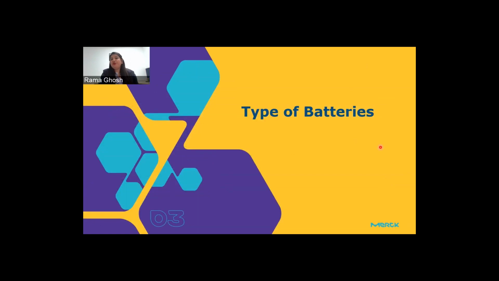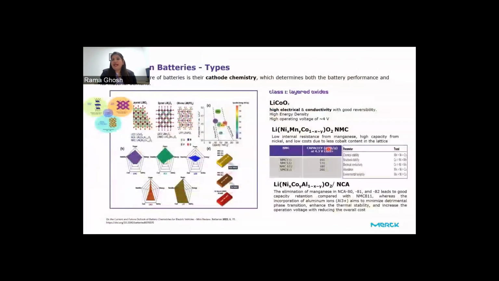Now, when we talk about batteries, a battery is always defined by its chemistry, and the type of battery is also dependent on the cathode chemistry. So cathode chemistry not only depends on battery performance, but also the demand of the material decides.